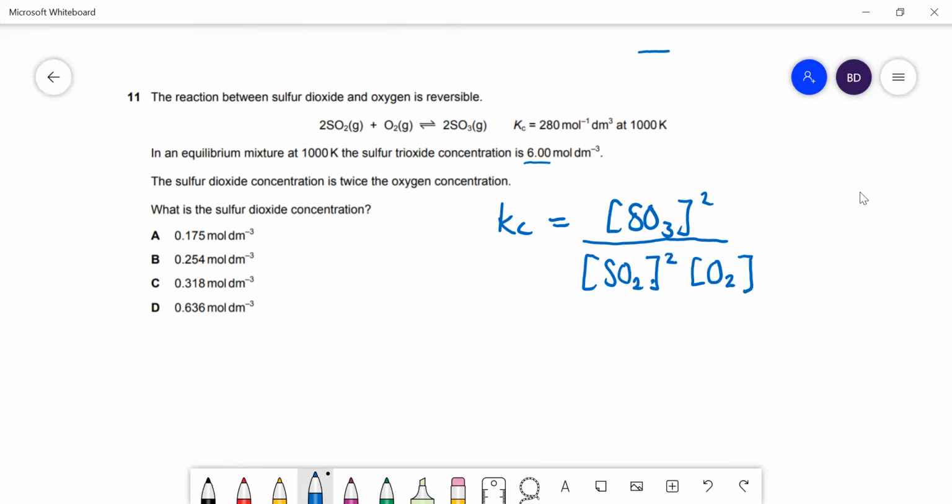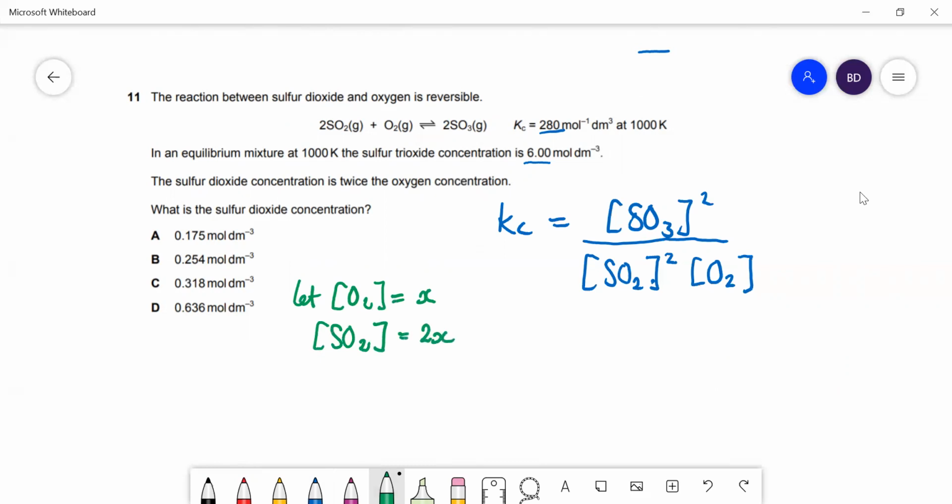Well, we know the value of Kc, yeah? We know the value of sulfur trioxide, but it tells us sulfur dioxide concentration is twice that of oxygen. So let's say the oxygen concentration is X, okay? So that means the SO2 concentration must be equal to 2X.